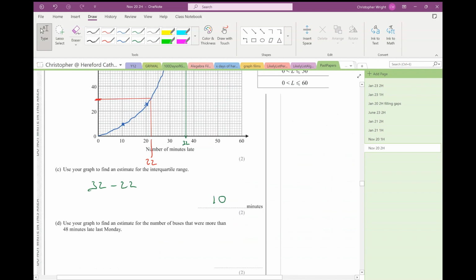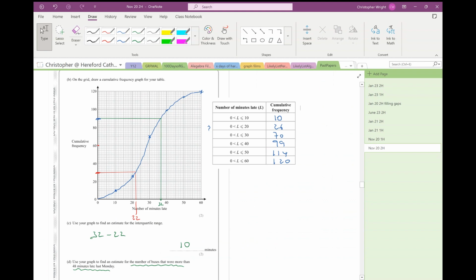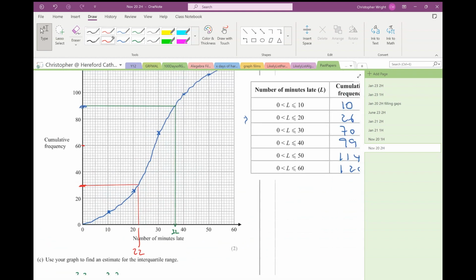Use your graph to find an estimate for the number of buses that were more than 48 minutes late last Monday, right? More than 48 minutes late. So I'm going to find, I'll do this one in red, I'm going to find 48. I need to find out how many buses were more than 48 minutes late.